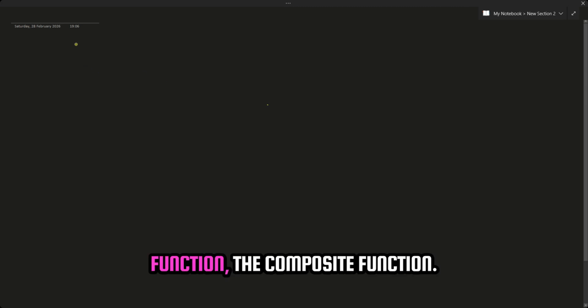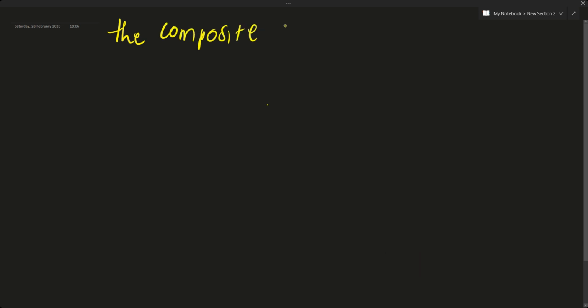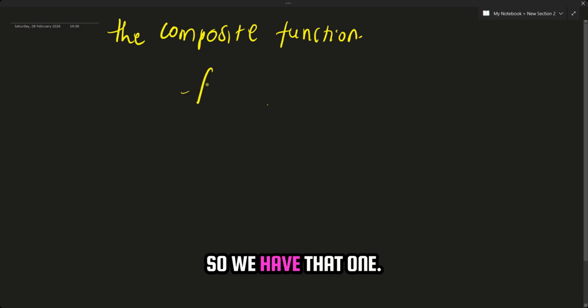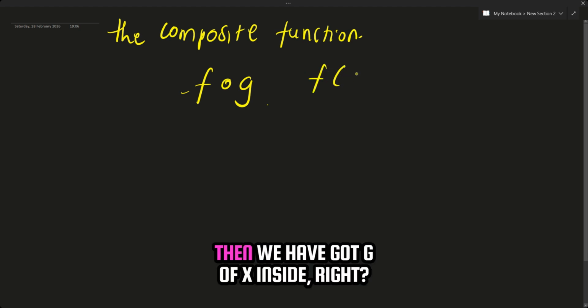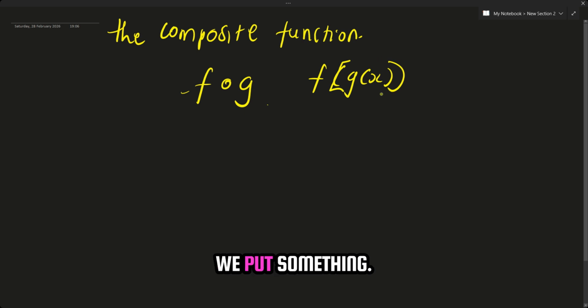And then the composite function that we're speaking about, so we have that one. That means we have f, then we have got g of x inside, right? We put something.